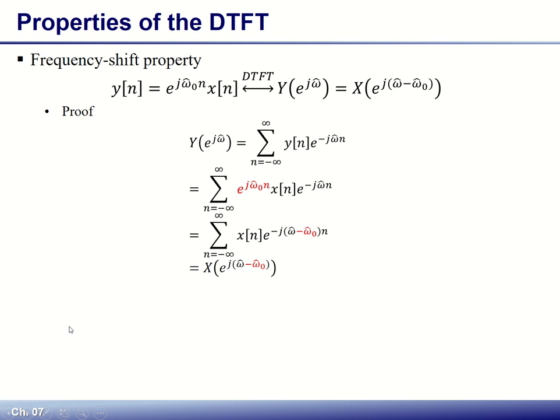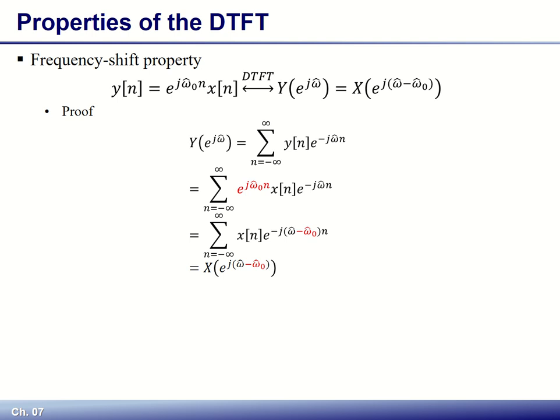Third is the frequency shift property. When Y(e^{j omega hat}) is a shifted version of X(e^{j omega hat}) by omega 0, then its inverse DTFT will be x[n] multiplied by e^{j omega 0 n}.